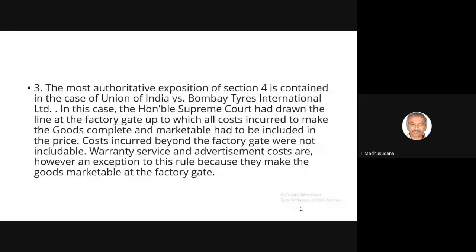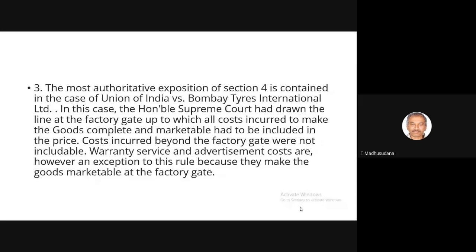Suppose a particular product has sold for 100 rupees. So the tax rate is, suppose for example, 10%. What is the tax on 100 rupees? 10% means it is 10 rupees. 10 rupees tax to be collected or paid.